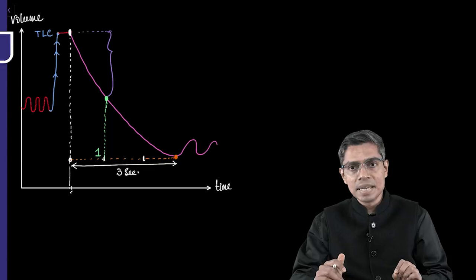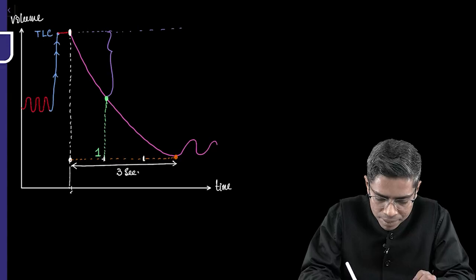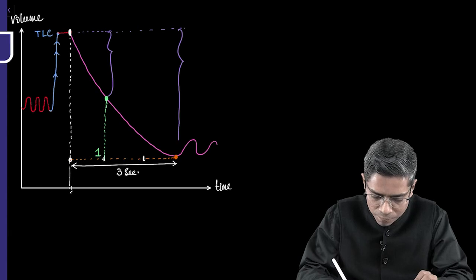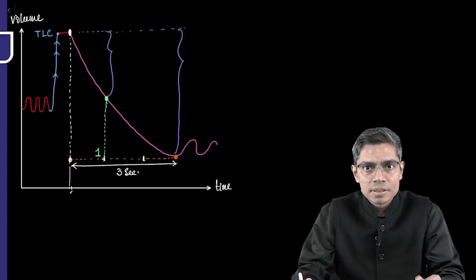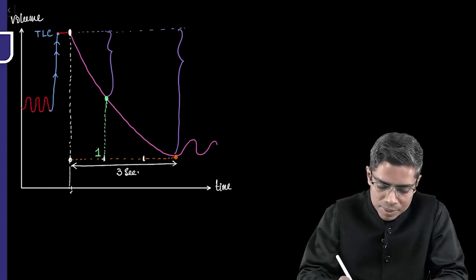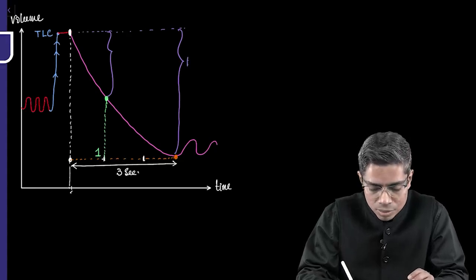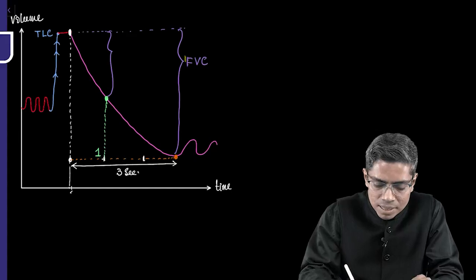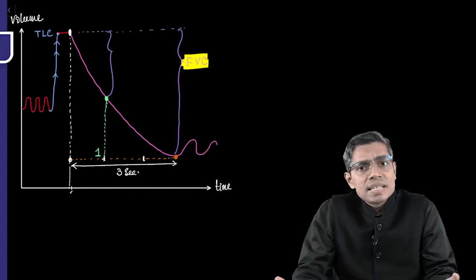And if I measure the complete volume from this beginning point up to this end, then this is the complete volume that the subject has expired during the forceful maneuver, right? So this volume which the subject has expired forcefully and completely is known as the forced vital capacity. So forced vital capacity is nothing but vital capacity only.